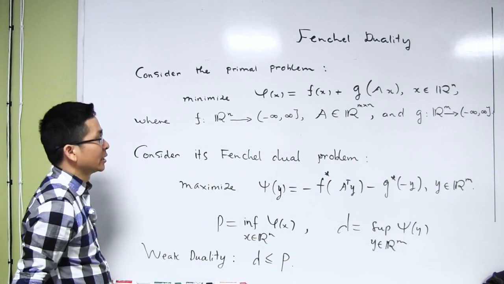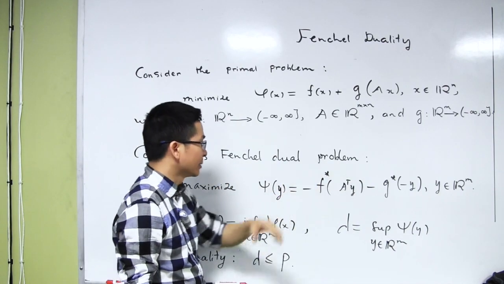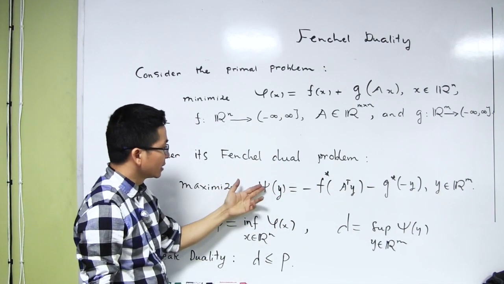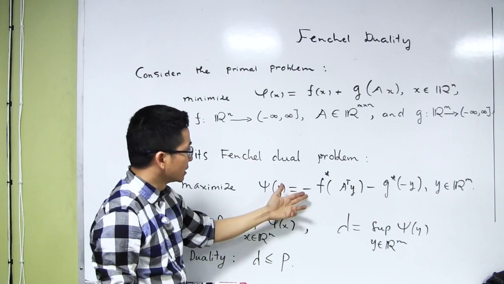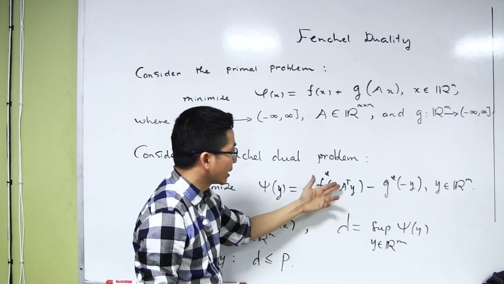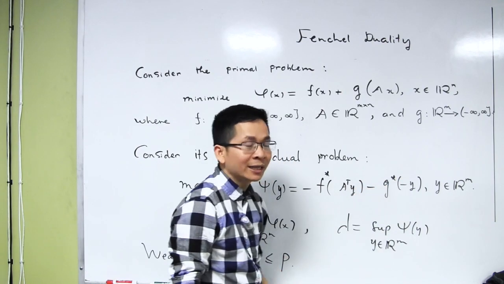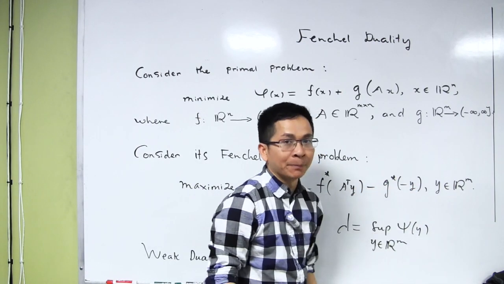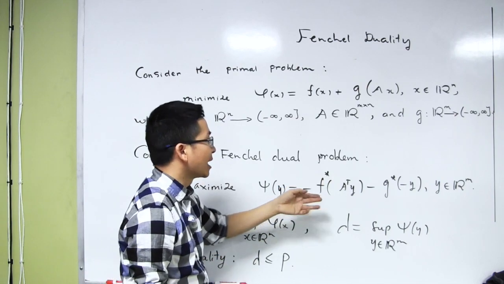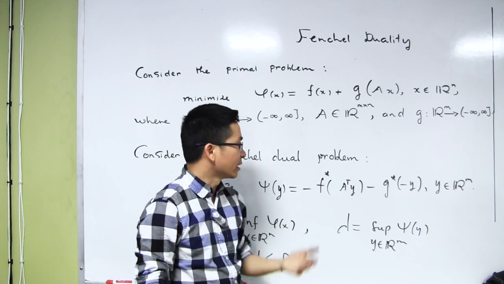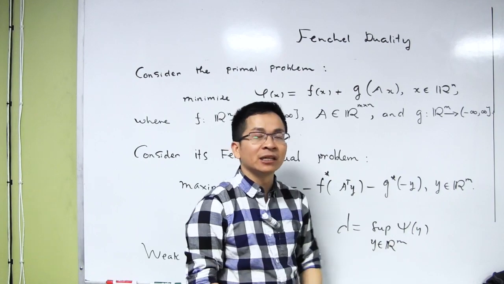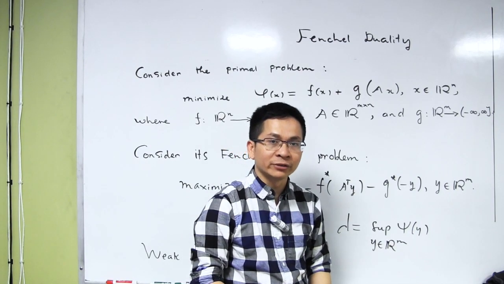Its Fenchel dual is the following optimization problem. Maximize psi of y, which is minus f star of A transpose times y minus g star of minus y, where y runs in Rm. And here, f star is the Fenchel conjugate of f, and g star is the Fenchel conjugate of g.